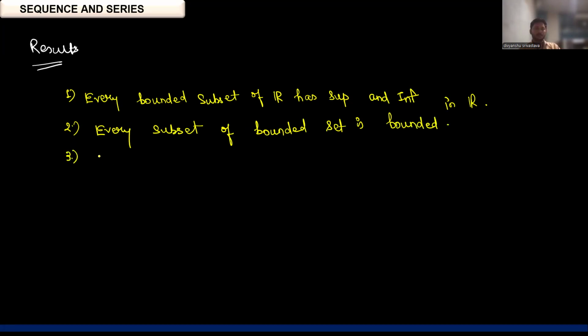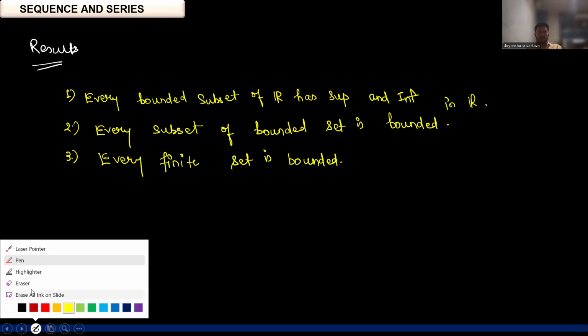And third thing is every finite set is bounded. Every bounded subset of R has supremum and infimum in R. Every subset of a bounded set is bounded. And third thing is every finite set is bounded. Okay.